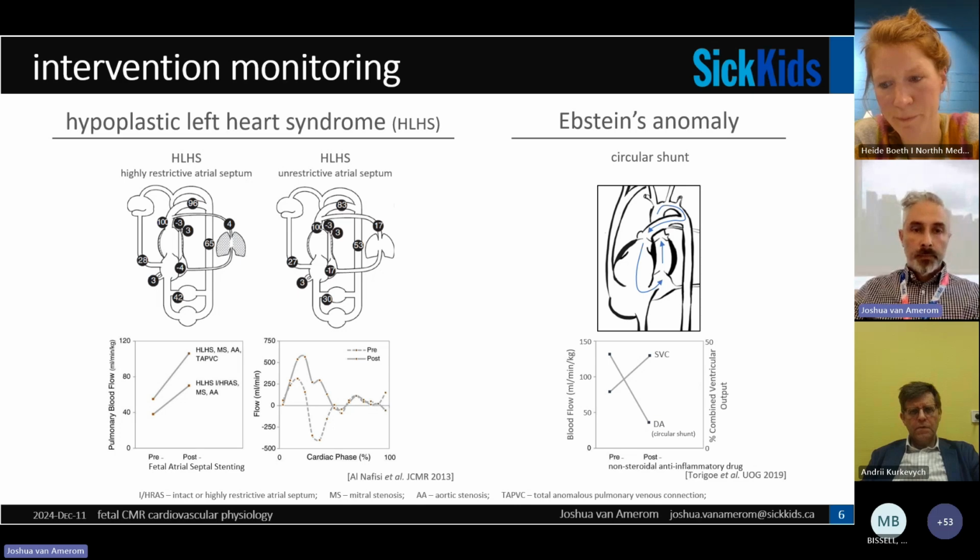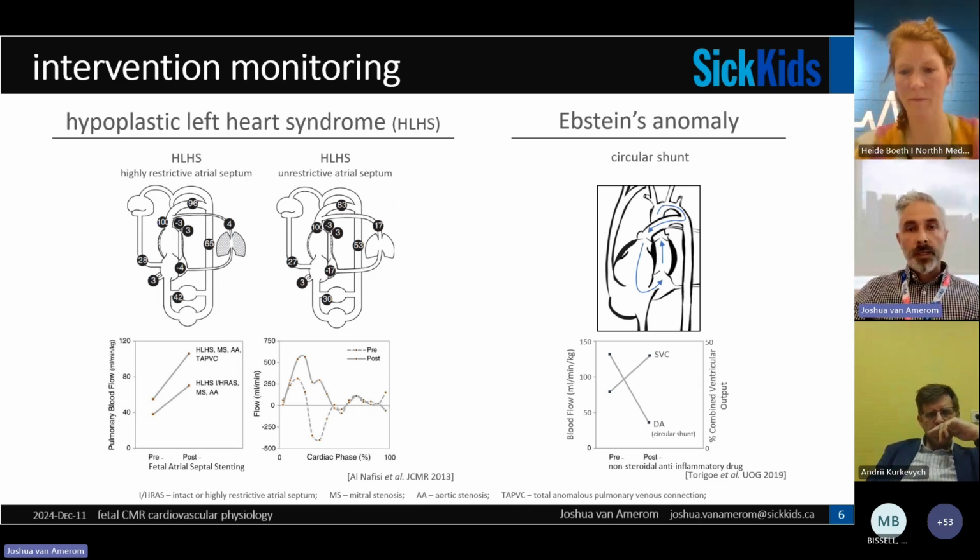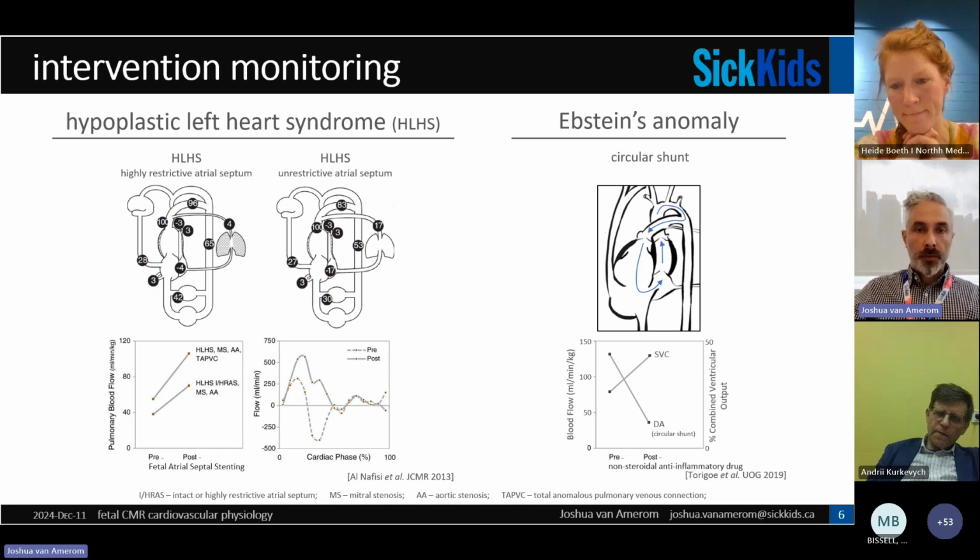But looking at the flow in the ductus arteriosus and the SVC before and after application of a non-steroidal anti-inflammatory drug, you can see that we've recovered SVC flow, which is going to be a surrogate for blood that's going to the brain, and this reverse flow through the ductus arteriosus has been greatly reduced.